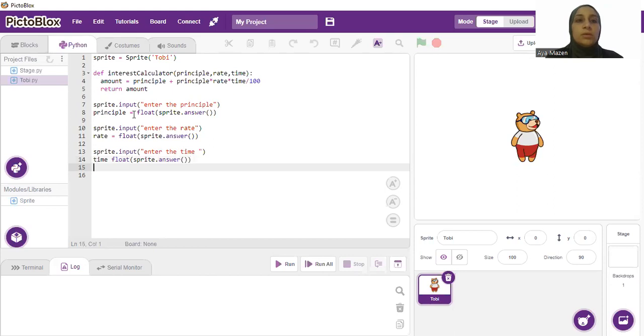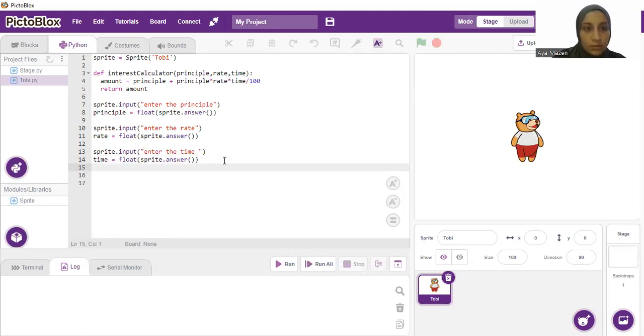Now we wrote the three commands that will help the user to enter his principal and his rate of the interest and the time, how long he will deposit his money. Here we forgot the equal sign.